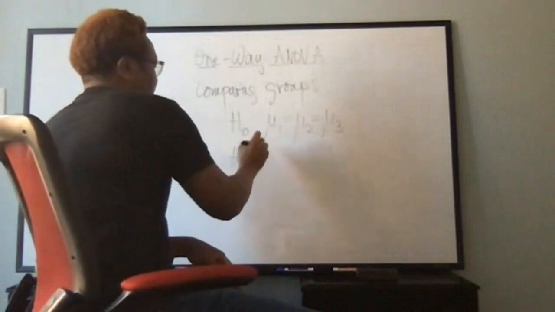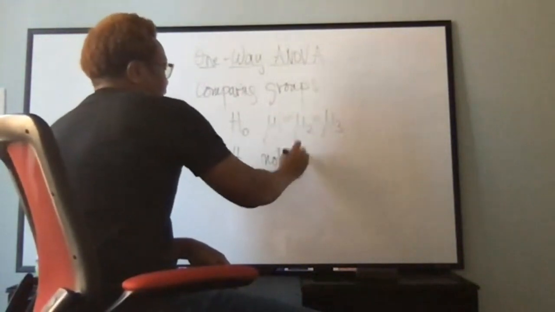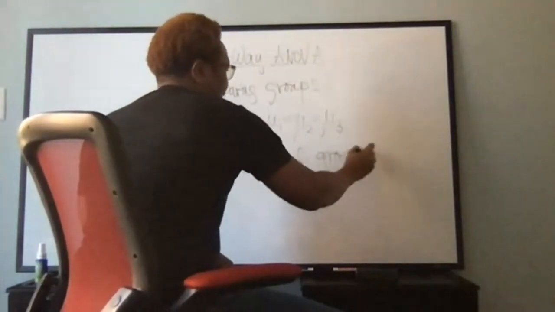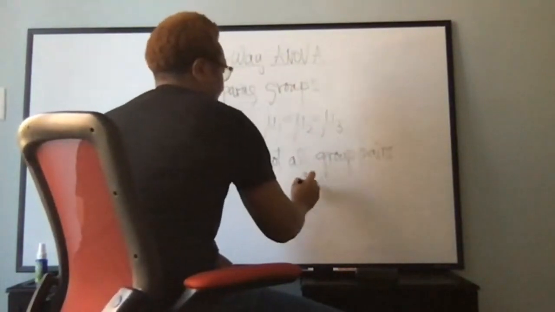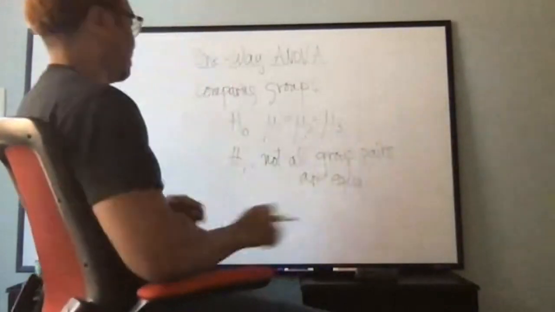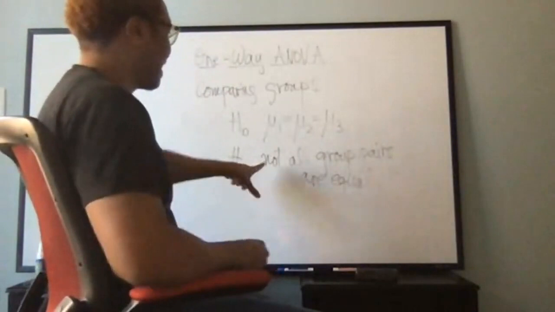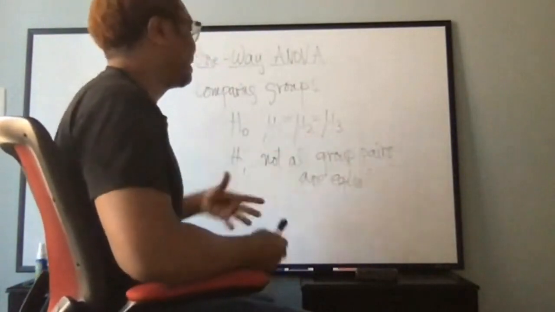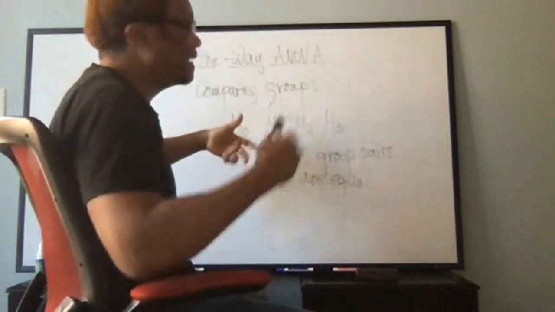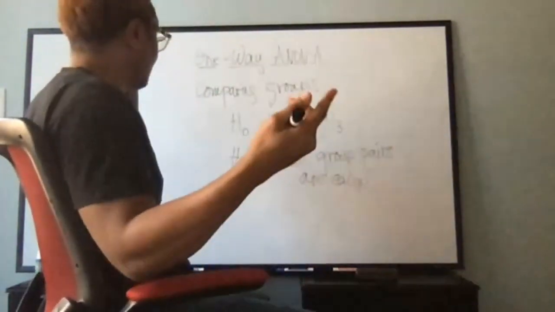And then H1 is that not all group pairs are equal, which simply means that at least one pair is significantly different, right?